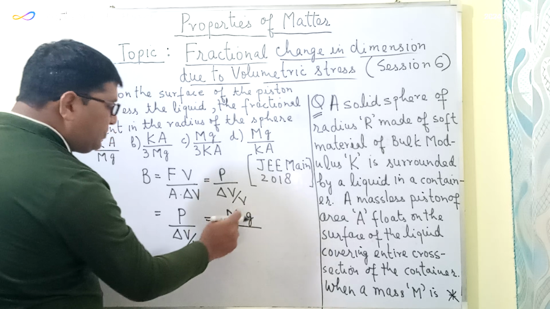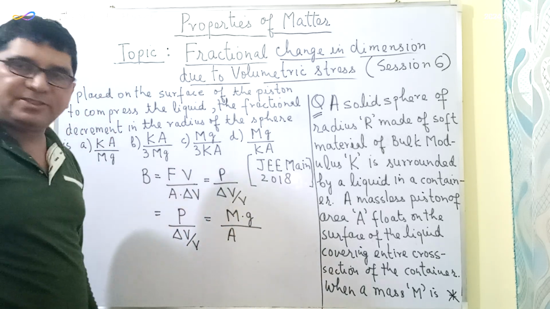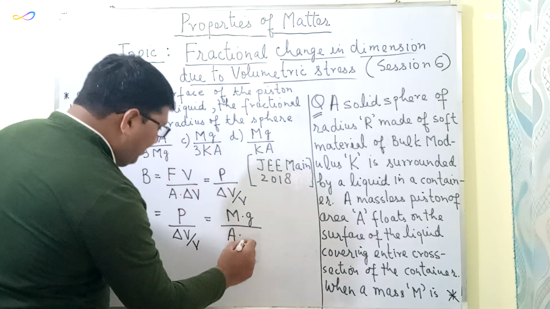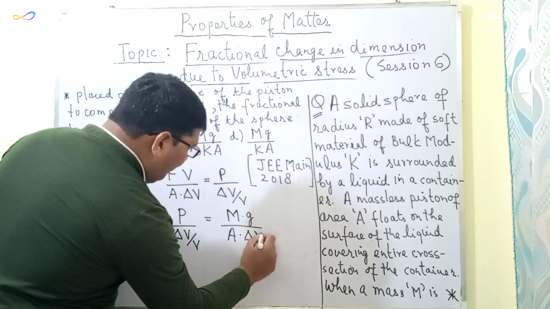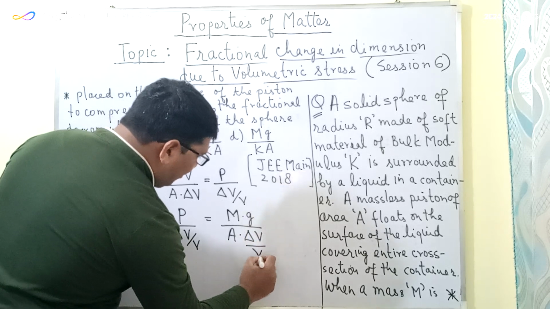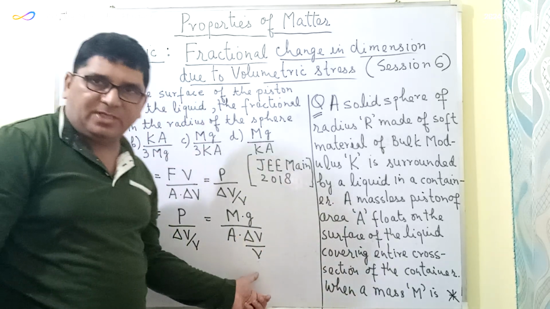Now this M g upon A is the volumetric stress, multiplied by delta V upon V, where delta V upon V is the volumetric strain.